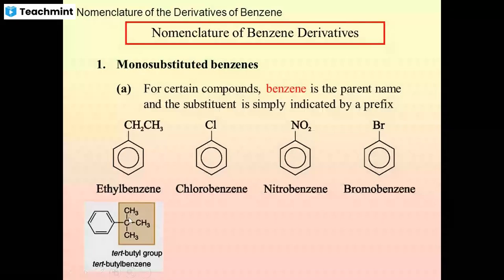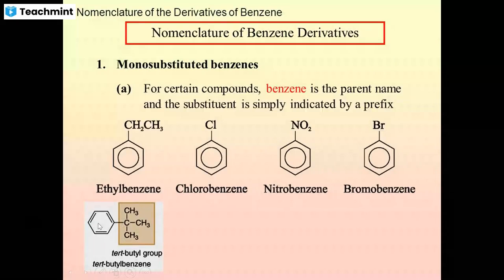Then here you can see that a tertiary butyl group is present on the benzene ring. One of the carbons of the benzene is attached to the tert-butyl group. Again we have to use a prefix for that substituent. So tert-butyl benzene is the name of that compound.